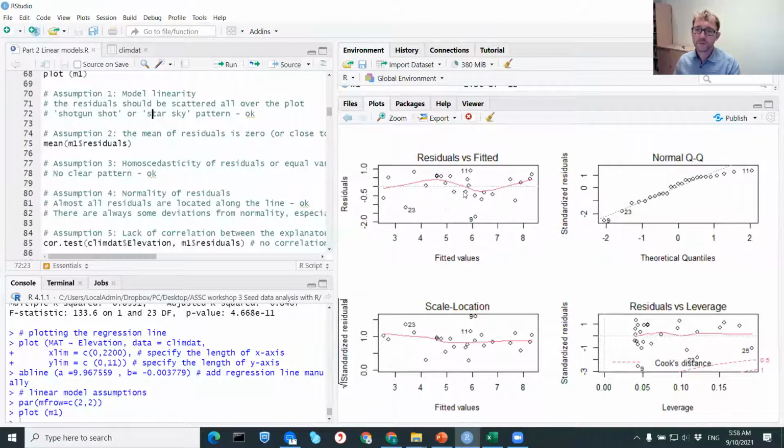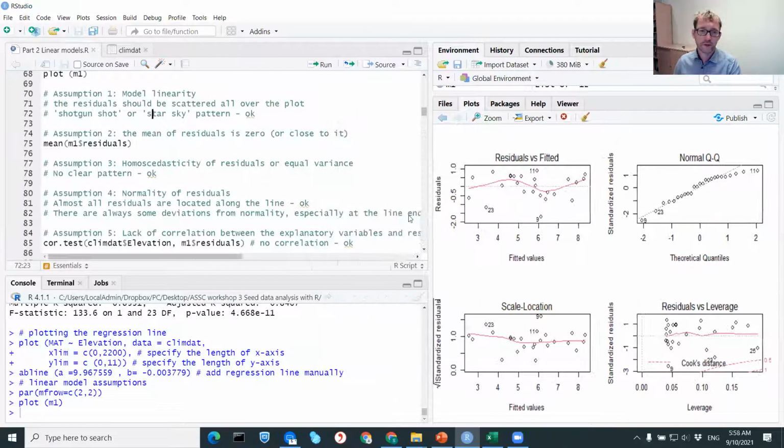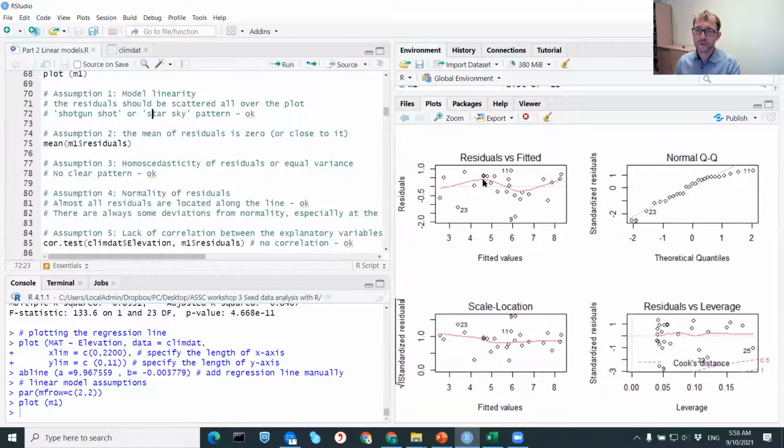Usually it's very simple. You just consider this first graph here, and you should not see any patterns, any lines, anything. In the literature, we describe it as a shotgun shot or star sky. So the residuals, the leftovers, should be distributed over this graph in a random manner, with no changes. And this is the case here, it looks quite nice.